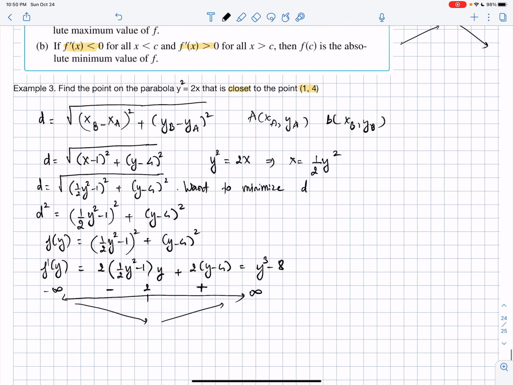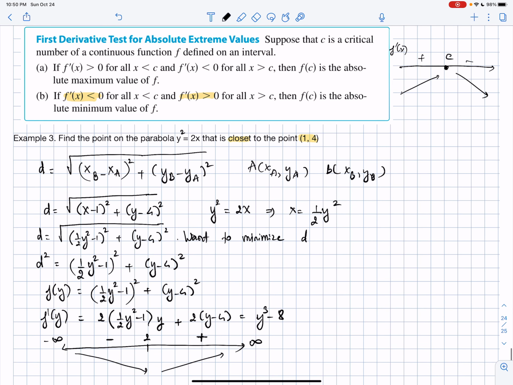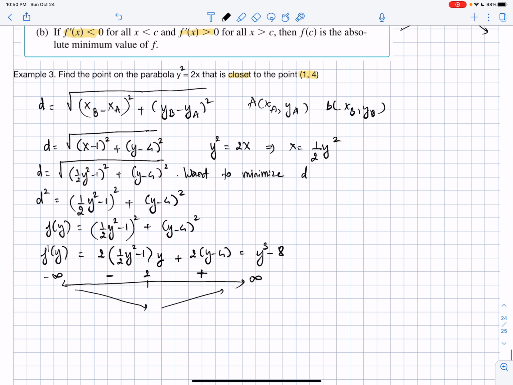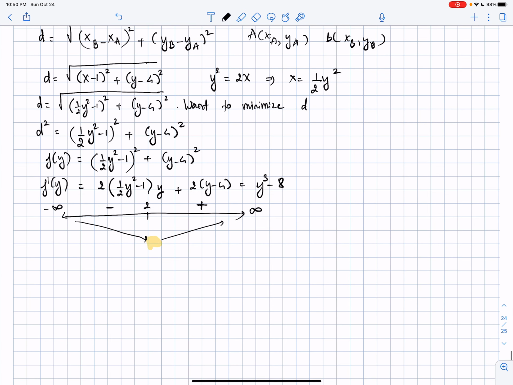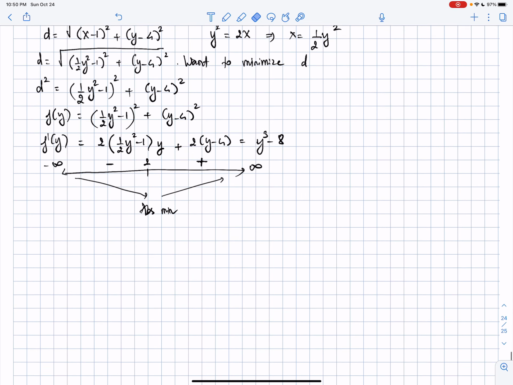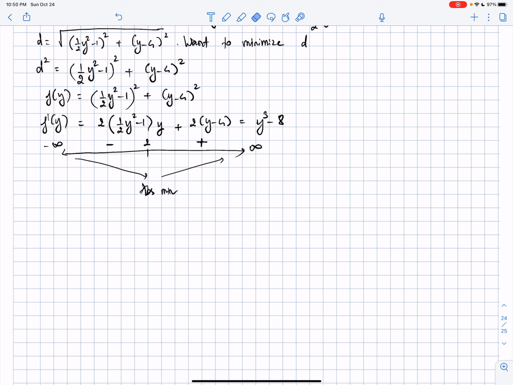So we can go back and apply the first derivative test for the absolute extreme value. We can tell that this point is not only the local minimum, but it's also the absolute minimum, because it's only one point. If we have multiple of them, then the point may be an absolute minimum or maybe a local minimum. But if it's only one point, then we know that it has to be the absolute minimum at y equal to 2.